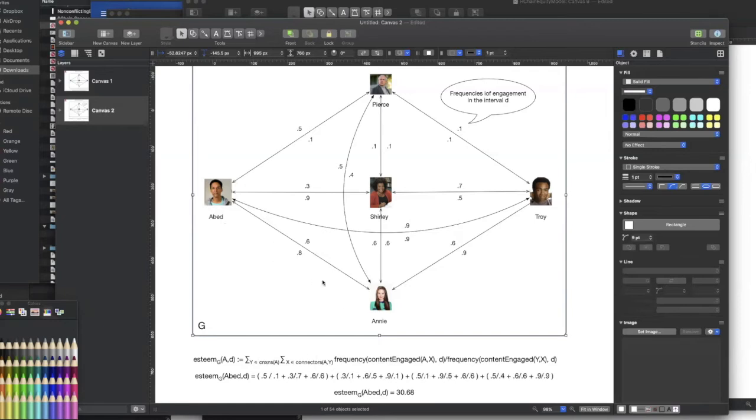But let's look at this component here. This component is a comparison of how often Pierce listens to Abed versus Pierce listens to Annie. So that should be 0.5 over 0.4. Did I get that right?